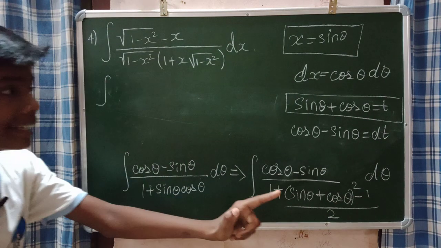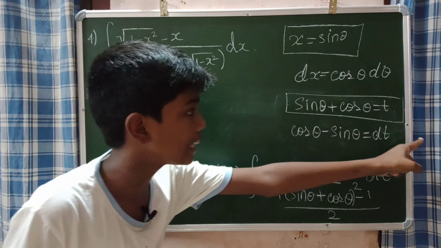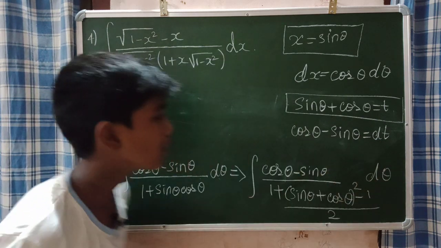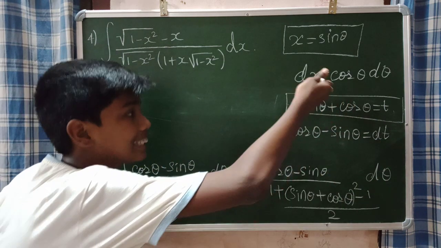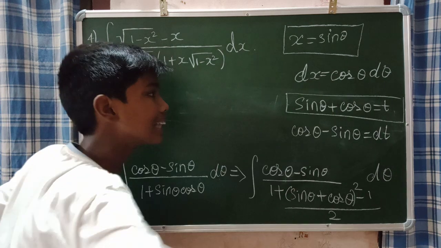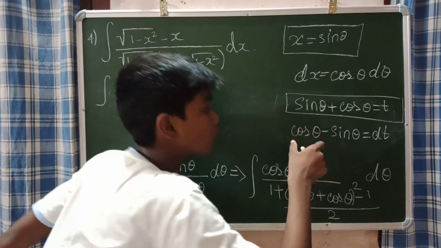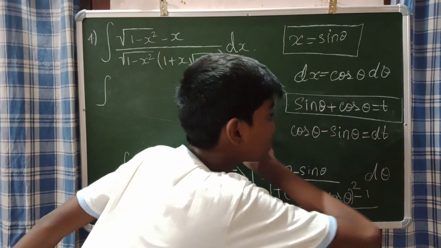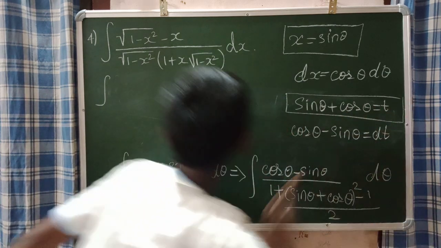How am I saying that? If sin theta plus cos theta is equal to t, then cos theta minus sin theta is equal to dt. That is because dt is the differentiation of this. What is the differentiation of sin theta? That is cos theta. What is the differentiation of cos theta? That is minus sin theta. So I can write it as dt itself.